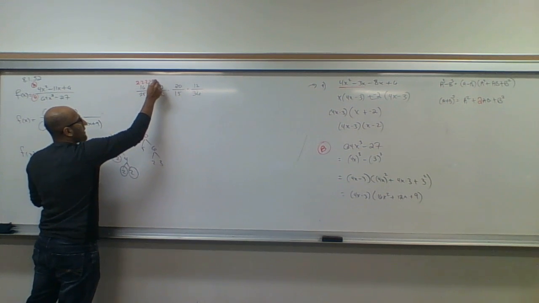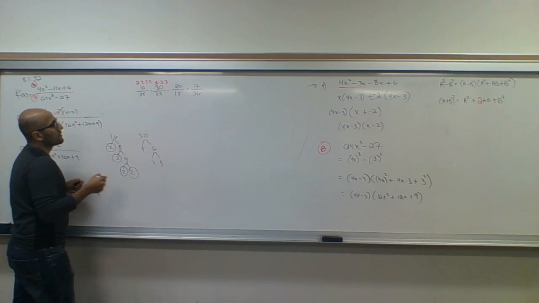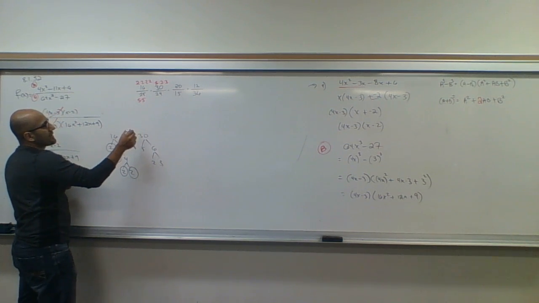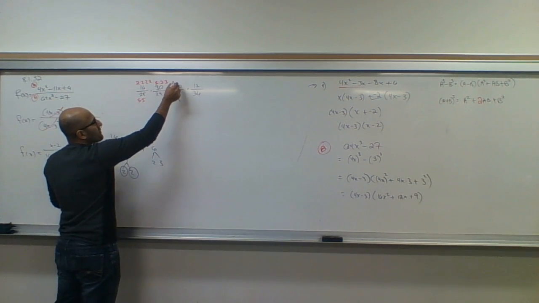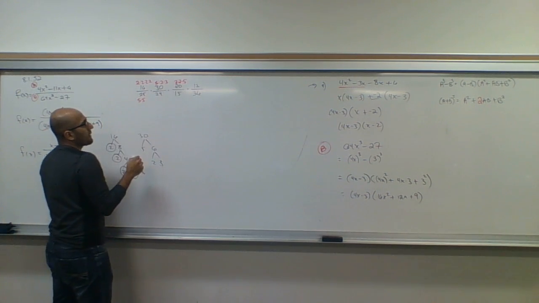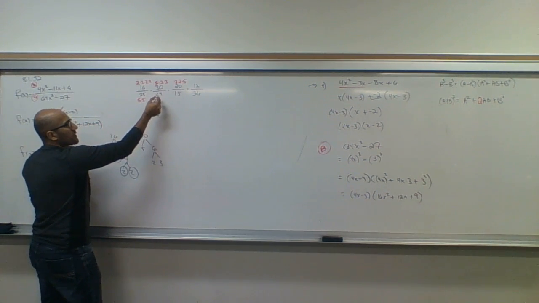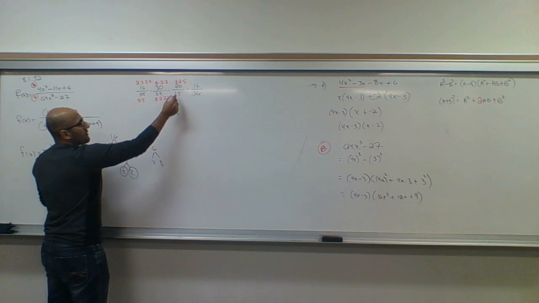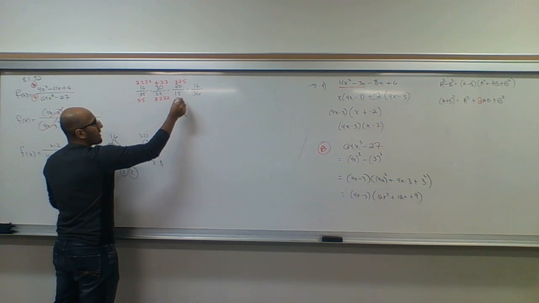So that one is 5 times 2 times 3. Well, this one's easy: 5 times 5 is 25. And 20 is 4 times 5, so that's really a 2 times a 2 times a 5. This one is 3 times 8, and then the 8 is really 2 times 4 and 2 times 2. 15 is 3 times 5.